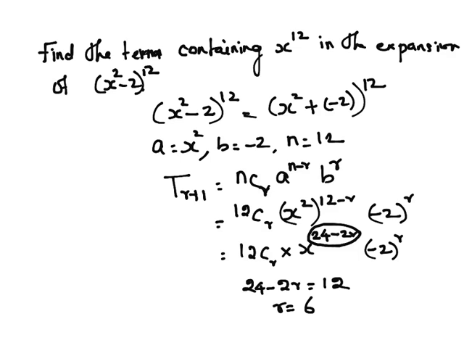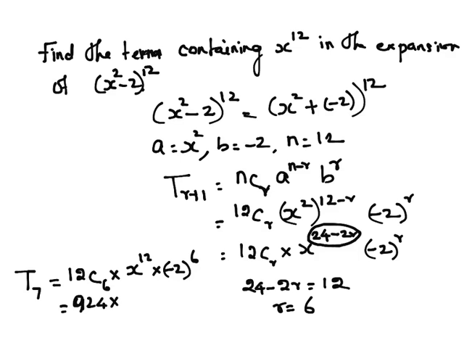So let me check it. When r is 6, I'll get t7 equal to 12C6 multiplied with x power 12 multiplied with (minus 2) power 6. Let me use the calculator. 12C6 is nothing but 924, multiplied by (minus 2) power 6, which is 64, into x power 12.